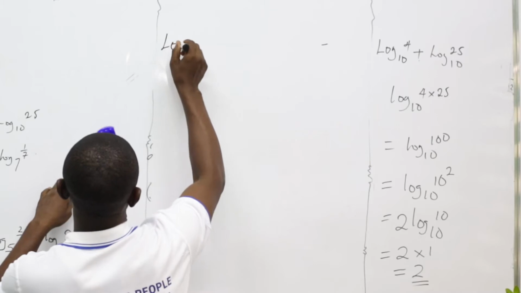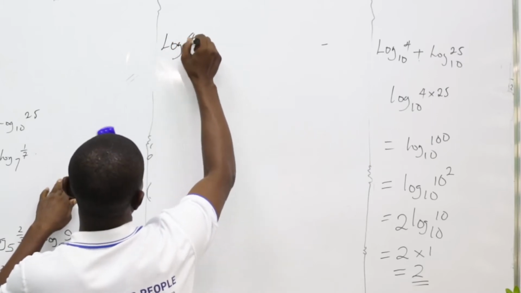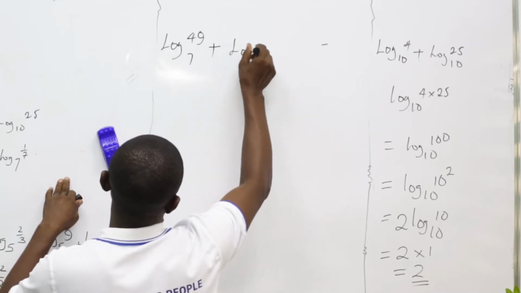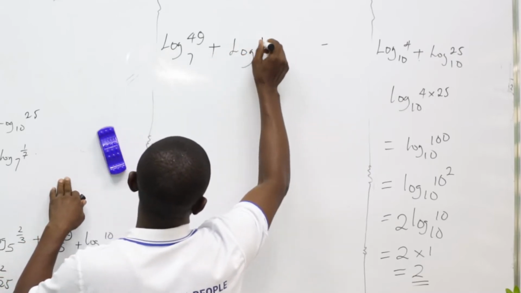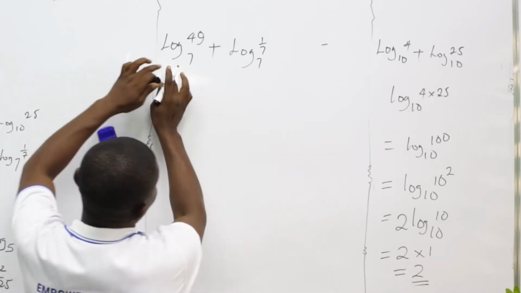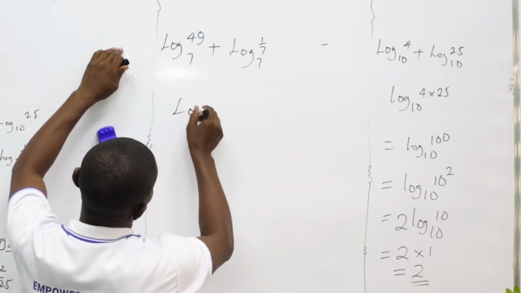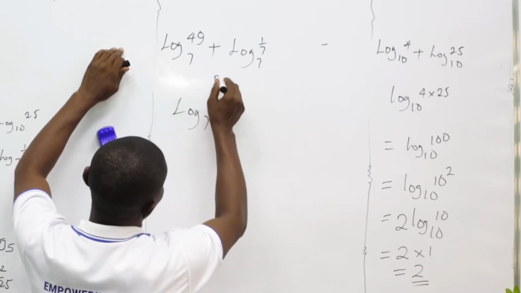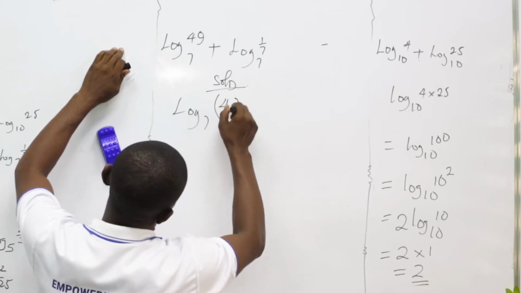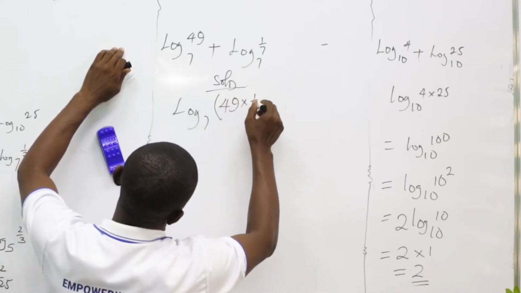Evaluate log 49 base 7 plus log 1 over 7 base 7. The bases are equal. You just simply take the product. That is 49 multiplied by 1 over 7.